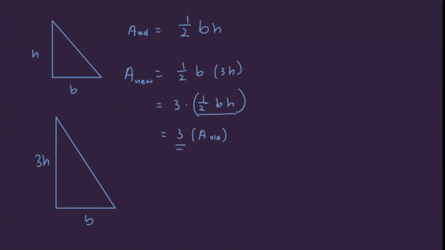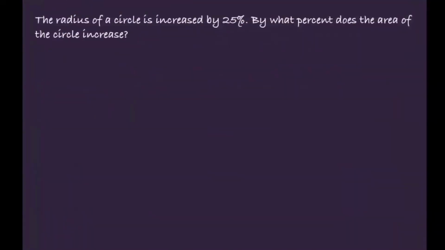Let's do another example. The radius of a circle is increased by 25%. By what percent does the area of the circle increase? Since we're talking about the area of the circle, let's give this old. Area of a circle is equal to pi r squared.